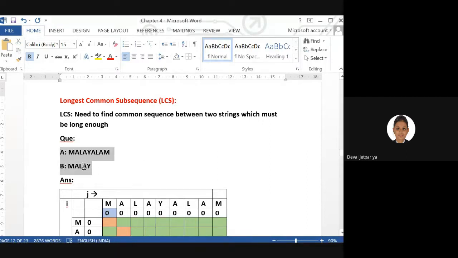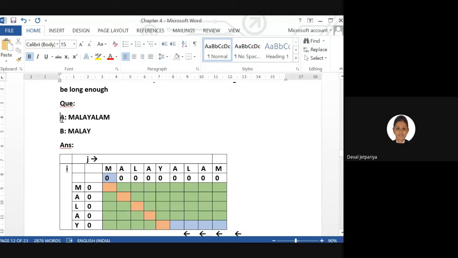A string can be anything, like a set of digits, a set of some values, or some characters. So anything can be a string, and from any example you are able to find the maximum value. For that, as it is dynamic programming, we'll always use the table concept.